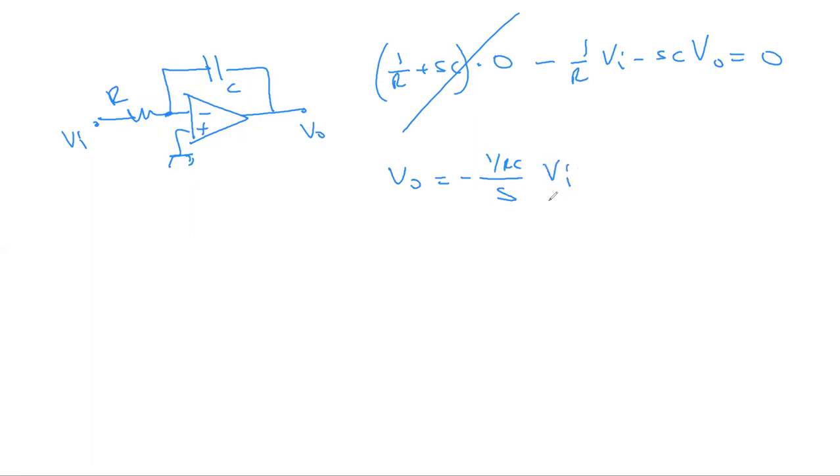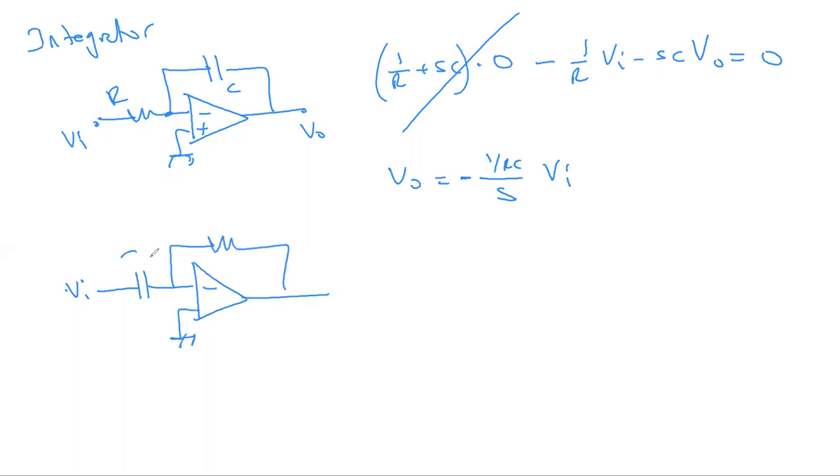1 over S is going to give me the integral effect, and the scaling by 1 over RC with the negative sign is changing the polarity. So this is called the integrator circuit. If I flip the places of R and C, we would get minus SC times VI minus 1 over R V0 equals 0.